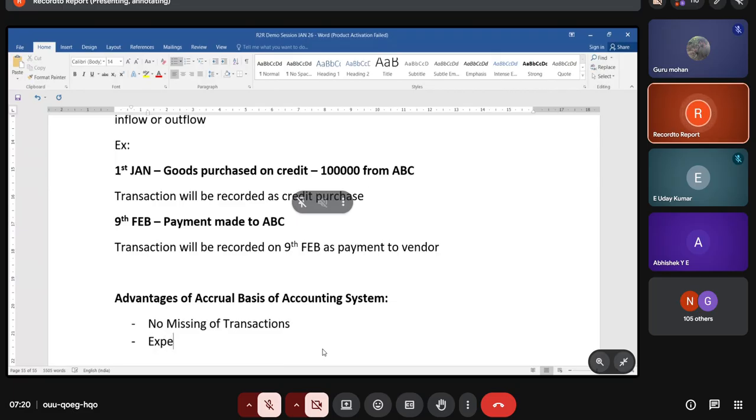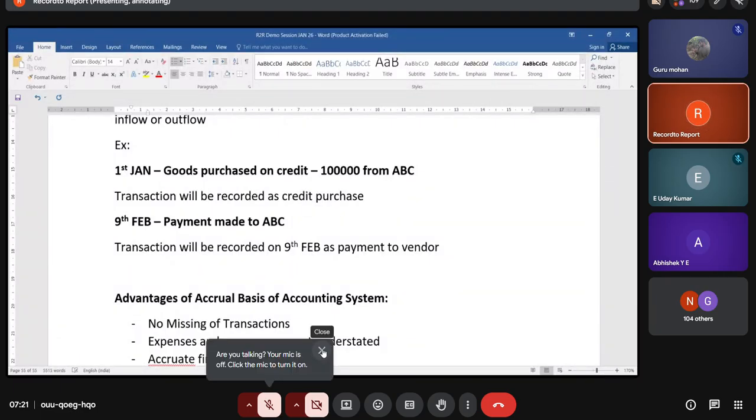Expenses and revenues are not understated, so we will not show less. And we get accurate financial reports.